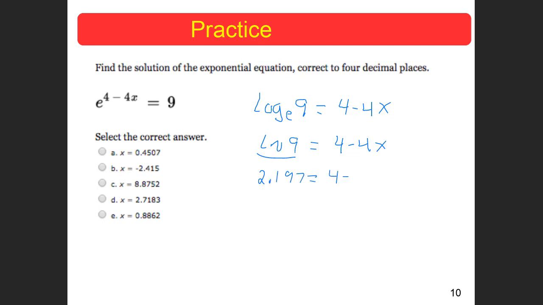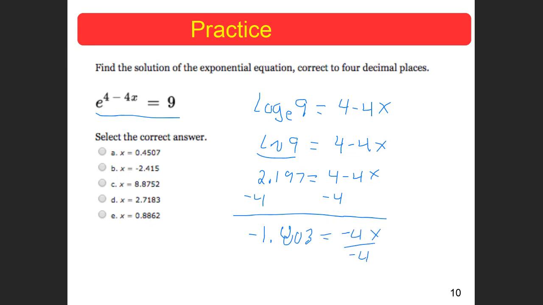And now this really hard-looking problem just becomes an equation. I'm going to just subtract off 4 here. This is where now I'm going to get my calculator out, just my regular cheapo one. 2.197 minus 4 gives me negative 1.803 is equal to negative 4x.